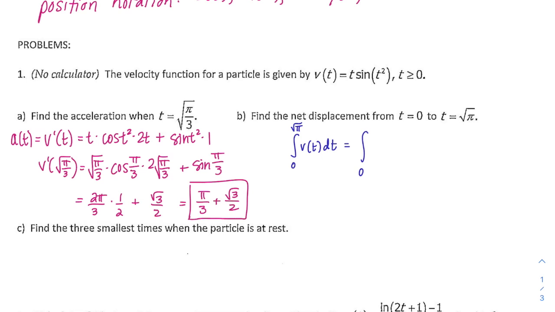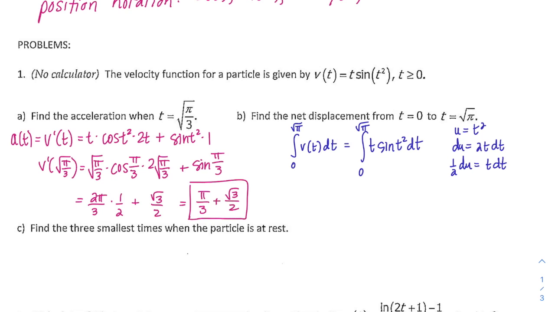So that's going to be the integral from 0 to radical pi of t sine t squared dt. Now I'm going to do a u-substitution here. I'm going to say my u is t squared, which means du equals 2t dt. So 1/2 du equals t dt.